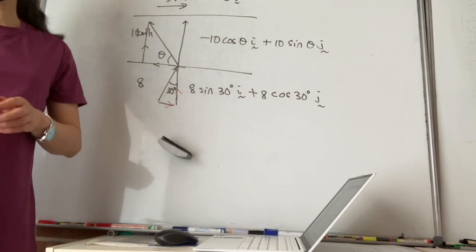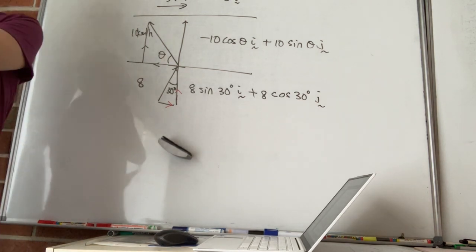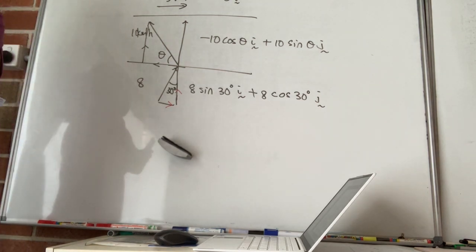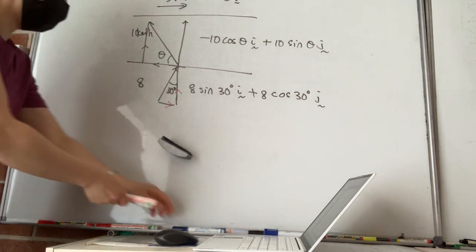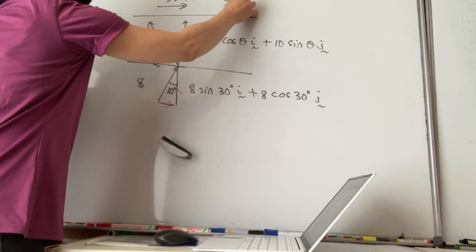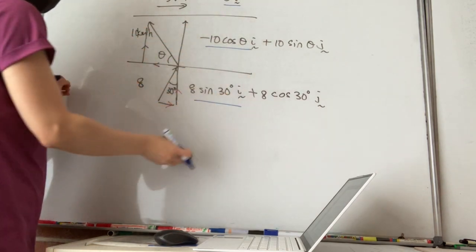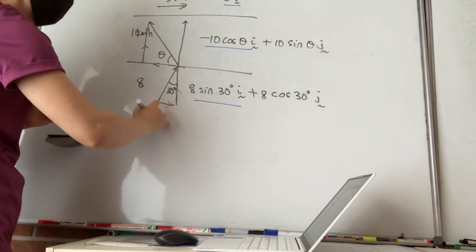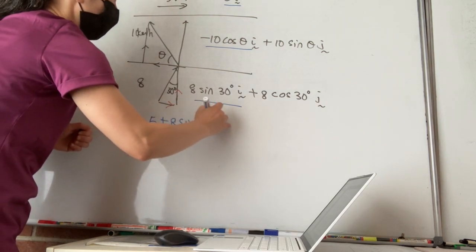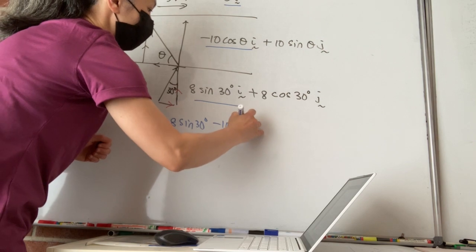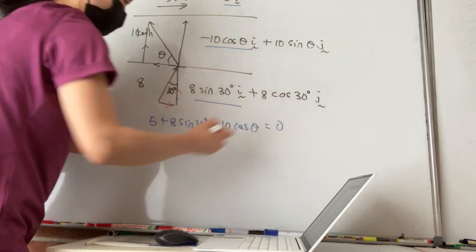Right, the resultant, you want the resultant to be going up. That means the horizontal is going to be 0. So let's add up all the horizontal. Here the horizontal will be this, and that. Let's add it up, and it should equal 0. So you have 5 plus 8 sine 30 degrees minus 10 cos theta equal to 0.